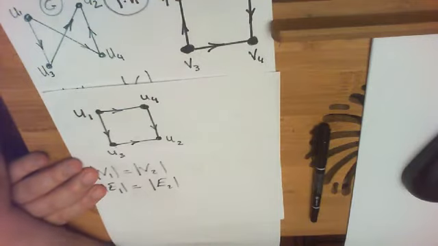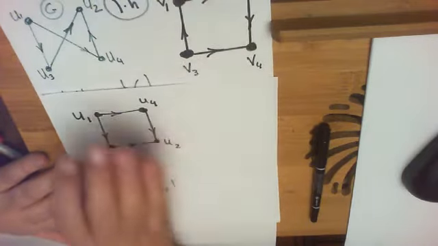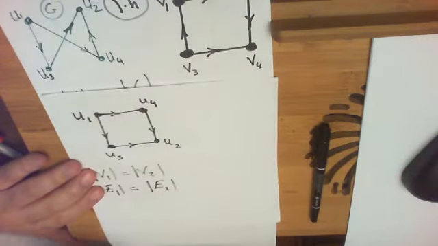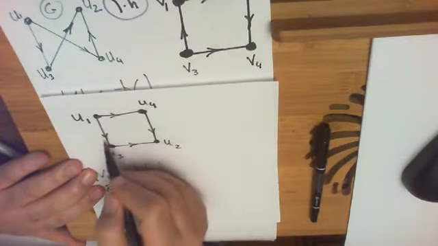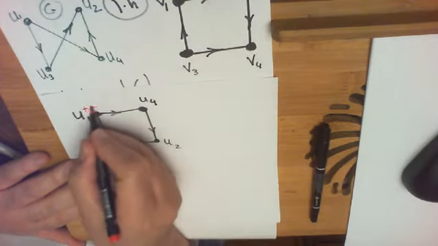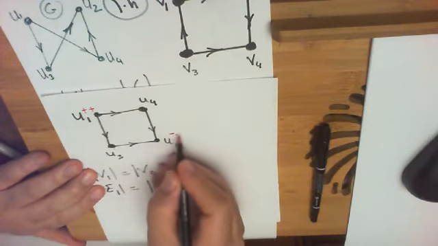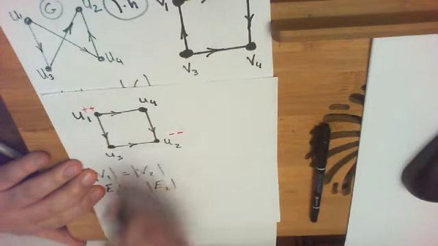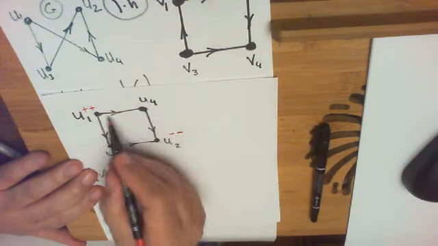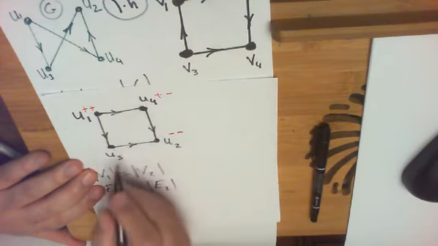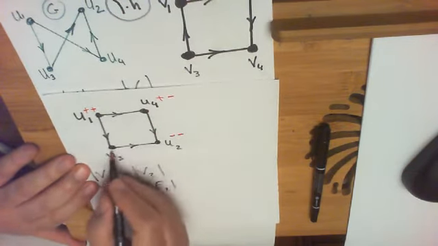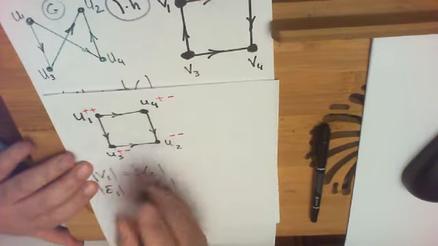Okay? Let's check the in degree and out degree. As you see, U1 has two outs, plus plus. U2 has two ins, minus minus. U4 has 1 in, 1 out, plus minus. U3 has 1 out, 1 in, plus minus.